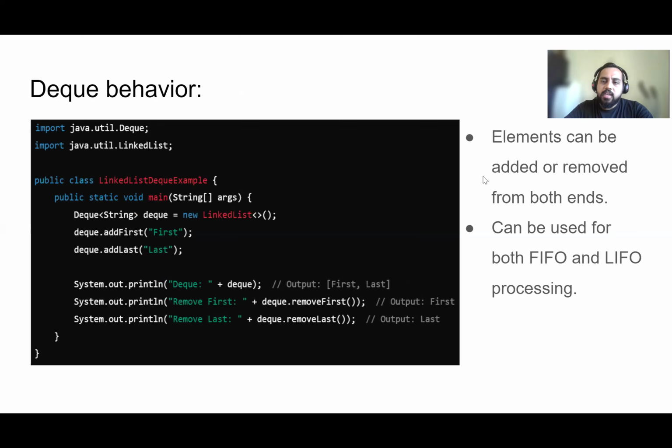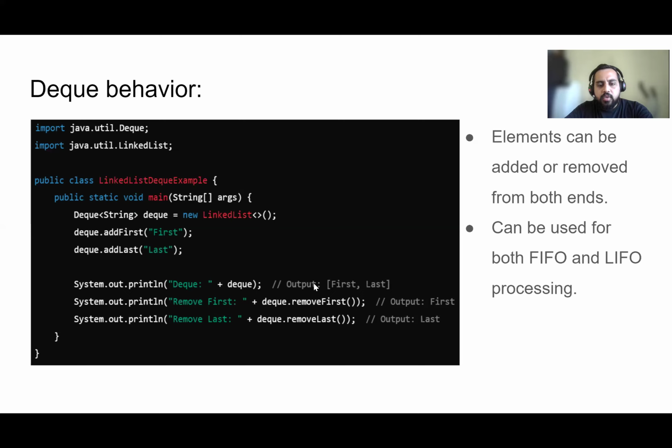Let's see the DQ behavior of linked list. Same class I created, same main method. And here in linked list, once I create this object, I pass the reference to DQ, which is of type DQ, and the data I'm going to store is string. In DQ, we have other methods like addFirst and addLast. With addFirst, I inserted the first data as first, and I call the addLast method to insert data as last.